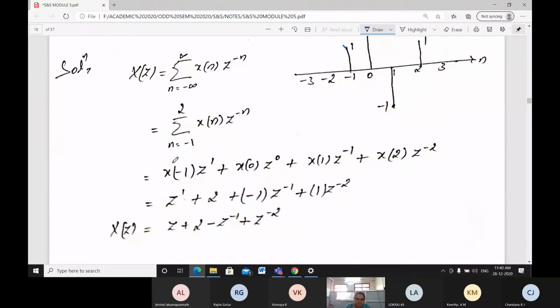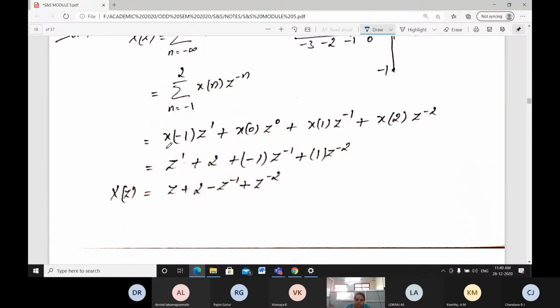Then expand this for n from minus 1 to 2: x of minus 1 z raised to 1, minus of minus is plus. Then x of 0 z raised to 0 plus x of 1 z raised to minus 1 plus x of 2 z raised to minus 2.